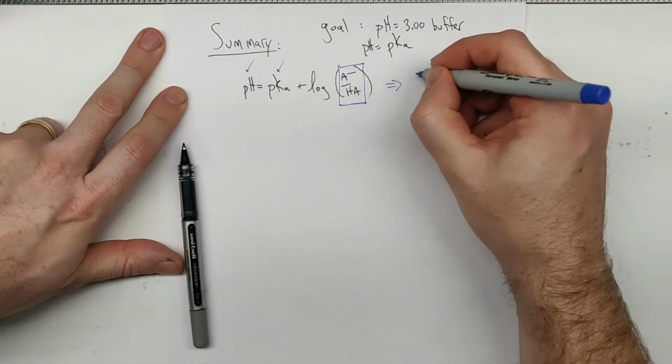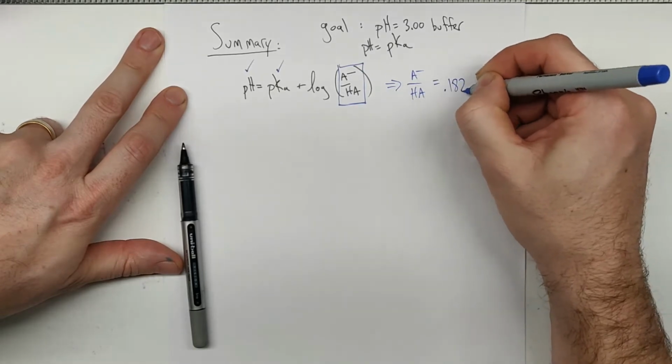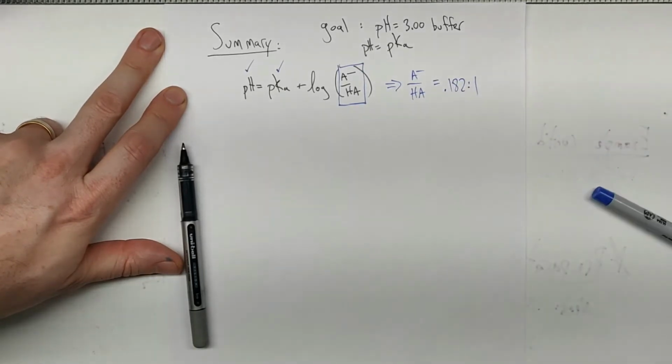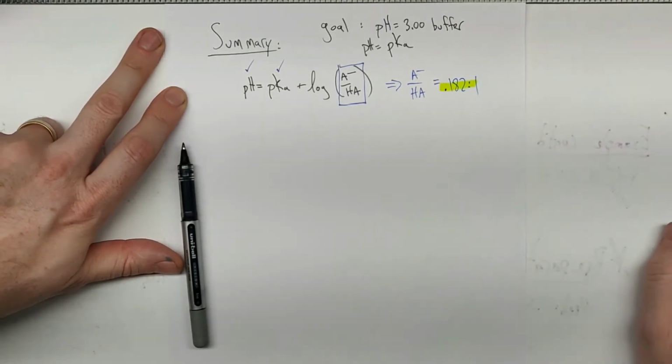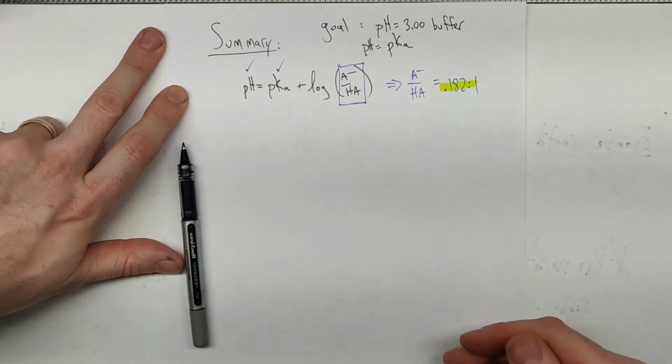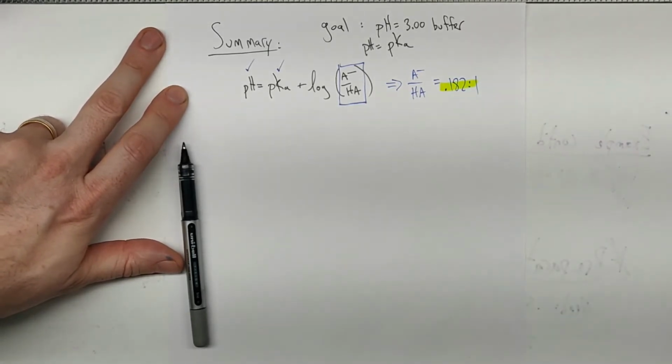But we found out that our ratio of A minus to HA was going to be 0.182 to 1. And so we used that number to analyze a bunch of different amounts that gave us that same ratio and talked about what's too expensive, what's too much, and how do we come up with this generic idea of what to use.